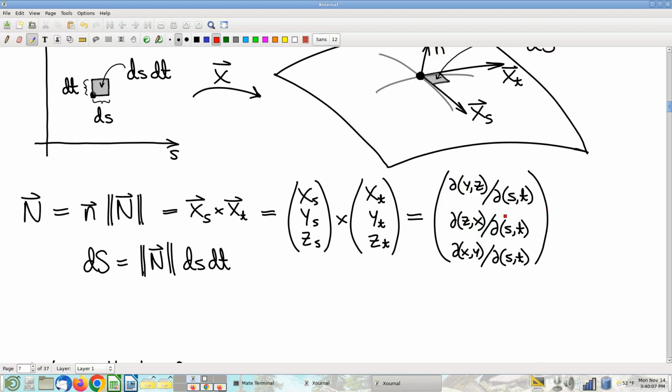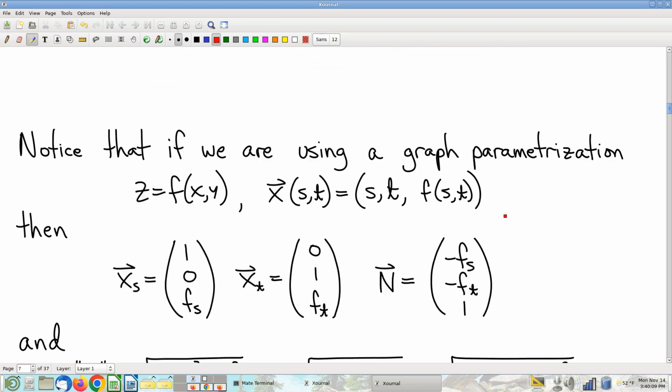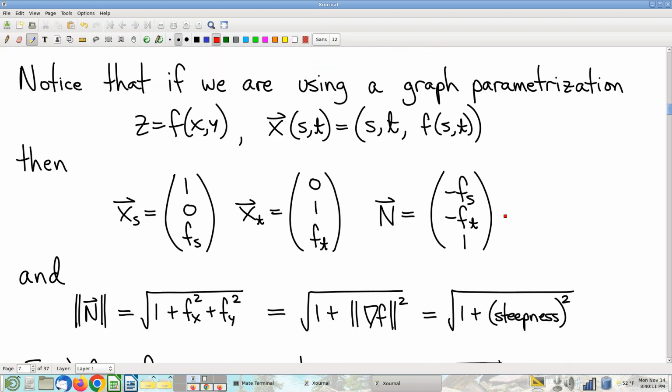Okay. All right. Now there's a nice special case I want to show you. We've got our general formula. But if you are using a graph parameterization, and remember, this is one of our major tools for parameterizing surfaces. So very often you will be using a graph parameterization, right?